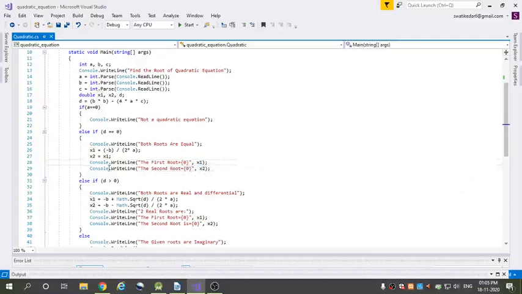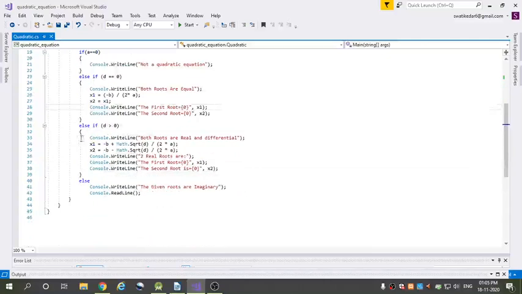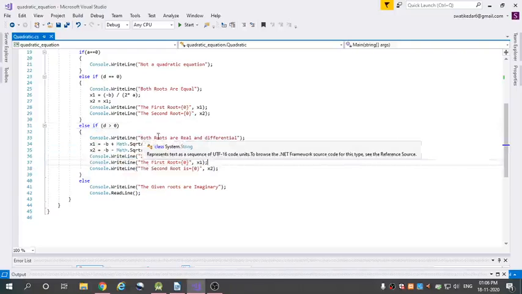After that it checks for the next condition, else if in bracket d is greater than 0. If our d is greater than 0 then it executes this code, it prints on the console "both roots are real and different".